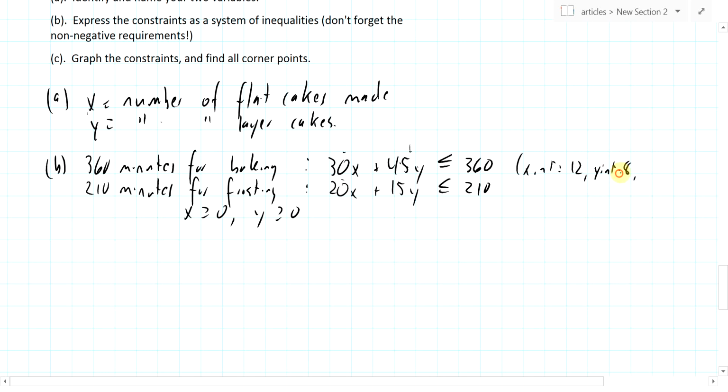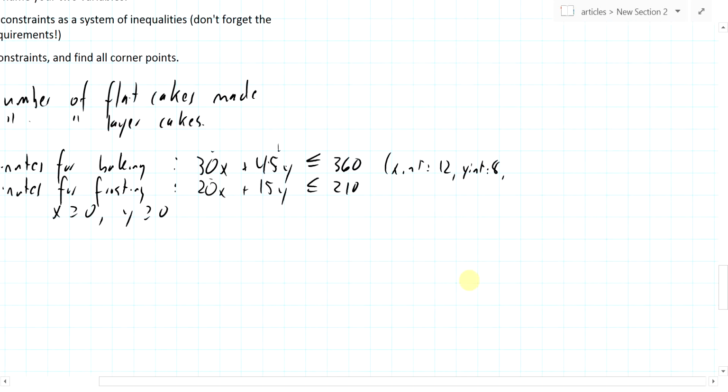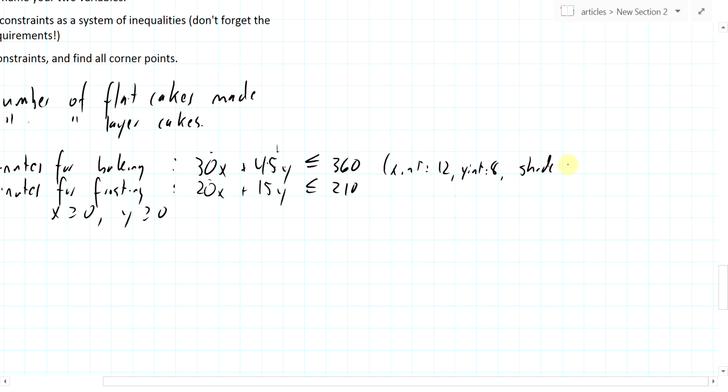I'm not going to go through all the data because it's pretty easy to do. And you shade the side 0, 0 is on once you do your test point. For this one, your x-intercept is 10.5. Y-intercept is 14. And shade the side 0, 0 is on.